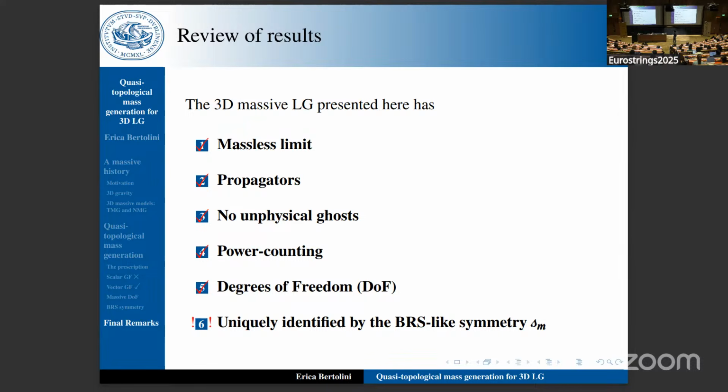It's power counting compatible, and the degree of freedom, which is 1, is massive, and it's related to the spin 2 component of the gauge field. But not just this, we also got an additional surprising result. We found that there is a BRS-like structure that's uniquely identifying this theory.